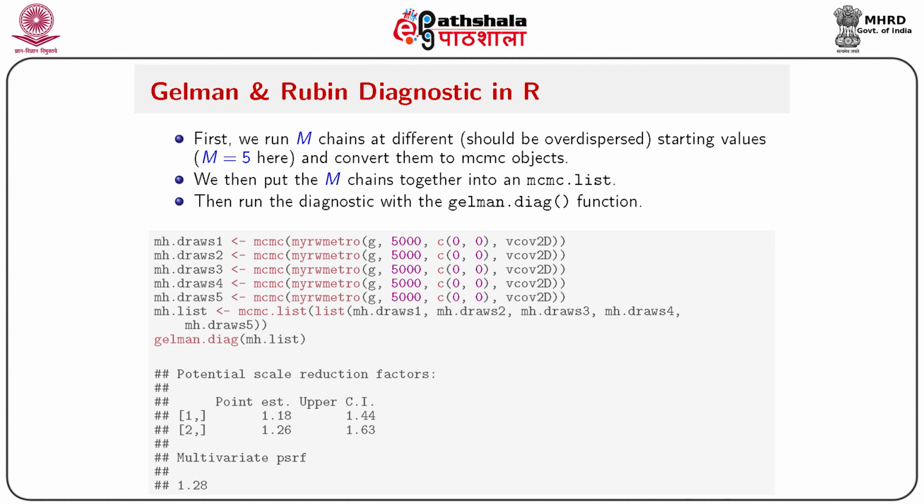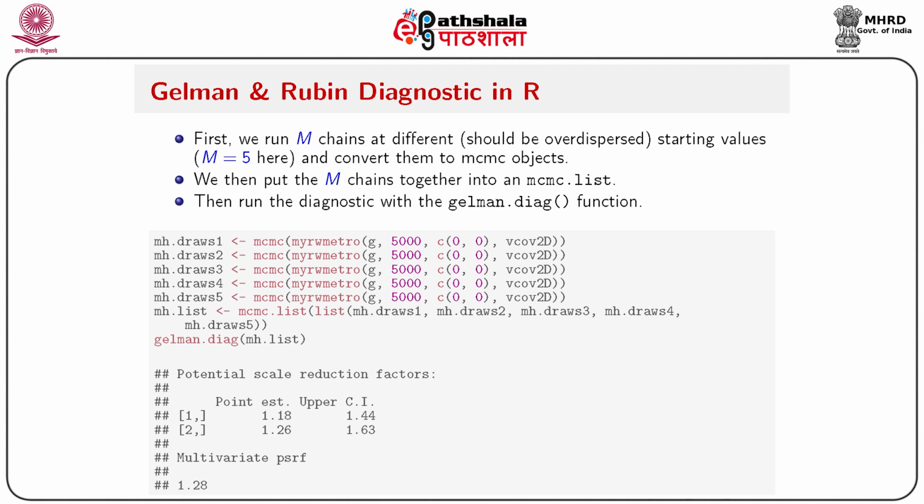So first I'm drawing 5 different chains. mh.draws1 uses the same bivariate random walk Metropolis sampler that I developed, with the 5,000-size samples that I drew here: mh.draws 1, 2, 3, 4 and 5. Then put all into an mcmc.list, a list of mh.draws 1 through 5, and that list has to be passed through the gelman.diag function.